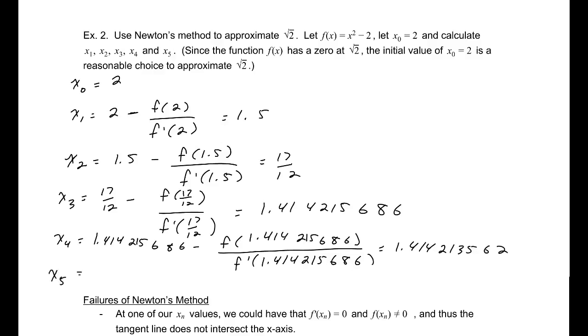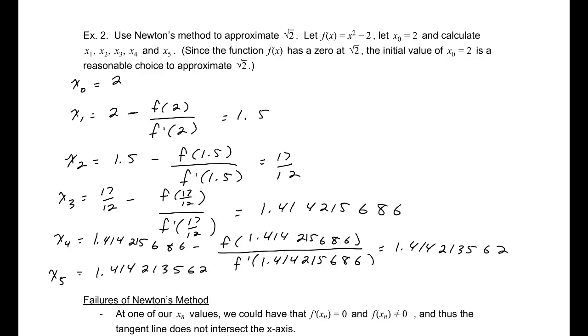And x5, skip a step there, that is 1.414213562. And that is the same value, which is good.